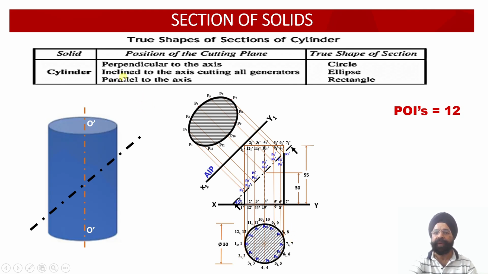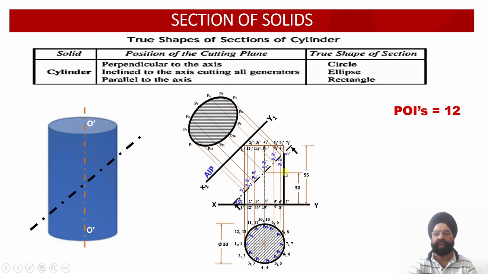But if this cylinder is cut by a cutting plane which is inclined to the horizontal plane and it passes through all the generators, then irrespective of the degree of inclination, even if it is cutting in this direction, or this direction, or even this direction, the only condition is that this AIP should be cutting all the generators.